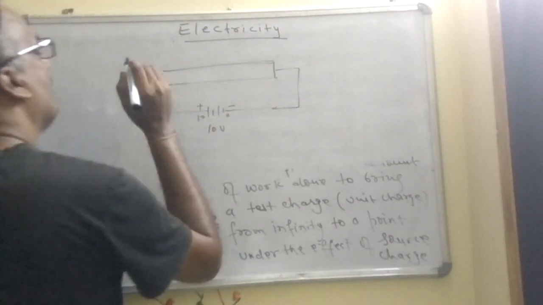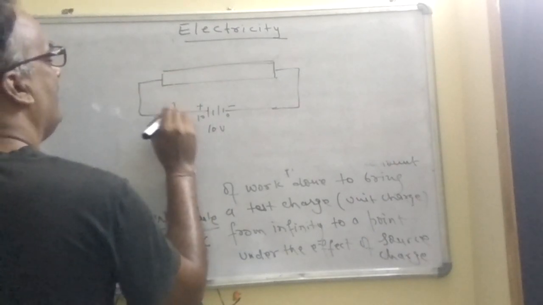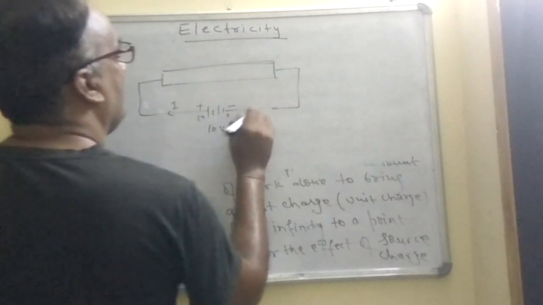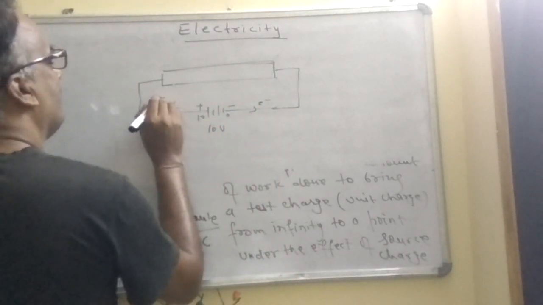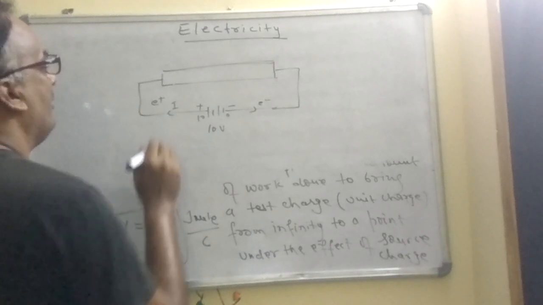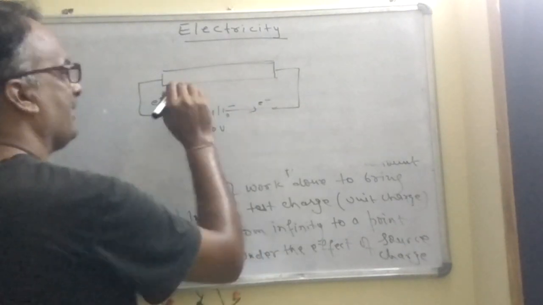Now suppose the current will flow from here, and the electron flows from here. So this is positive, the proton. Proton always moves along the direction of the current, and the electron moves opposite to the direction of the current.